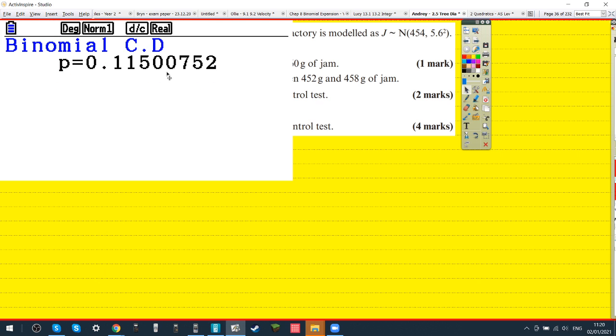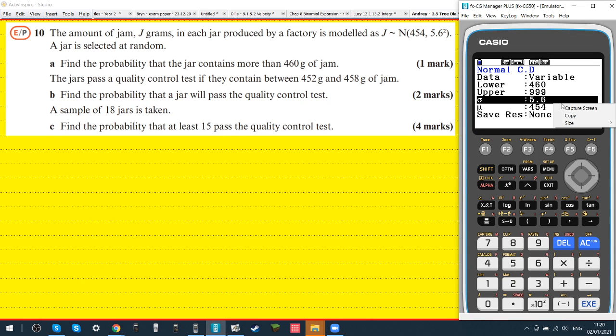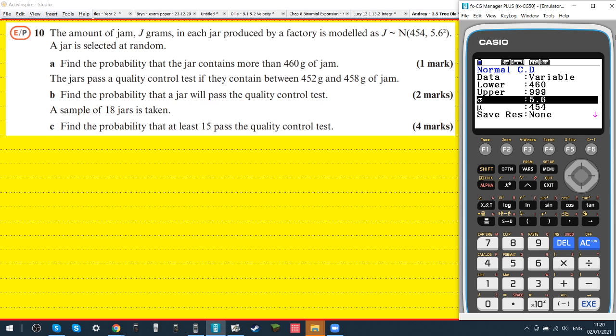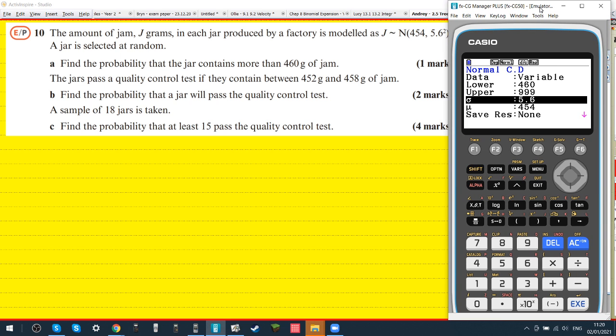Is that not working? So am I just going to do lower 452, upper 458?